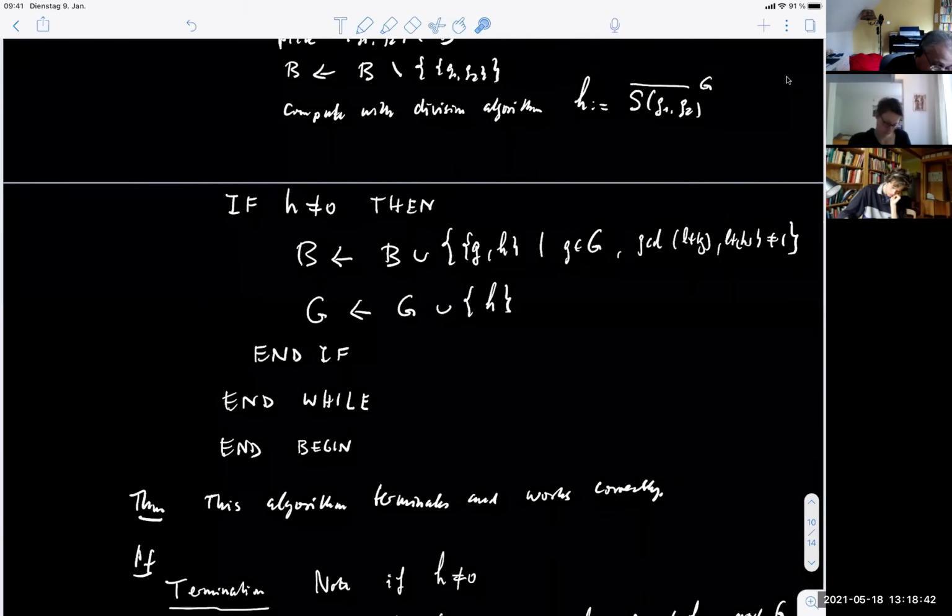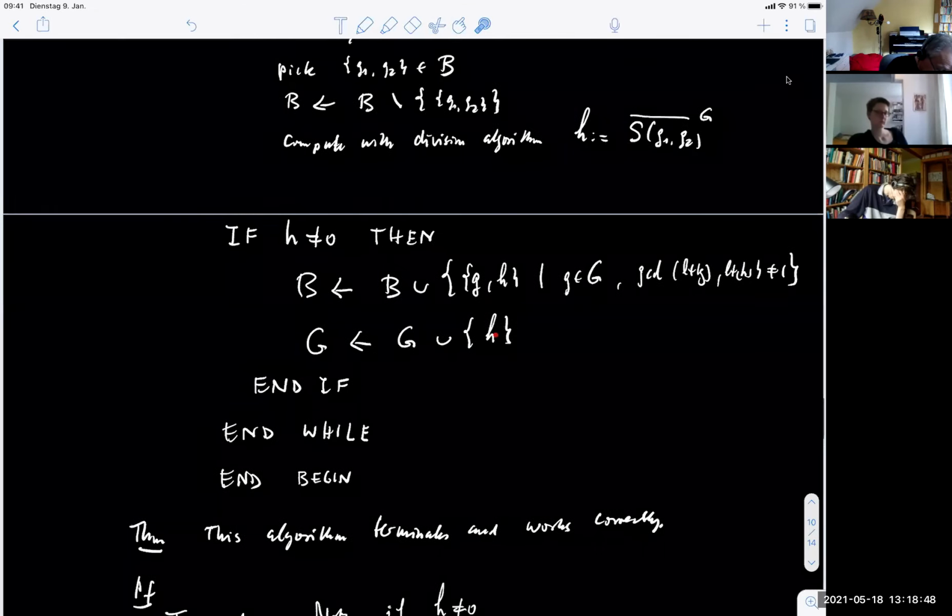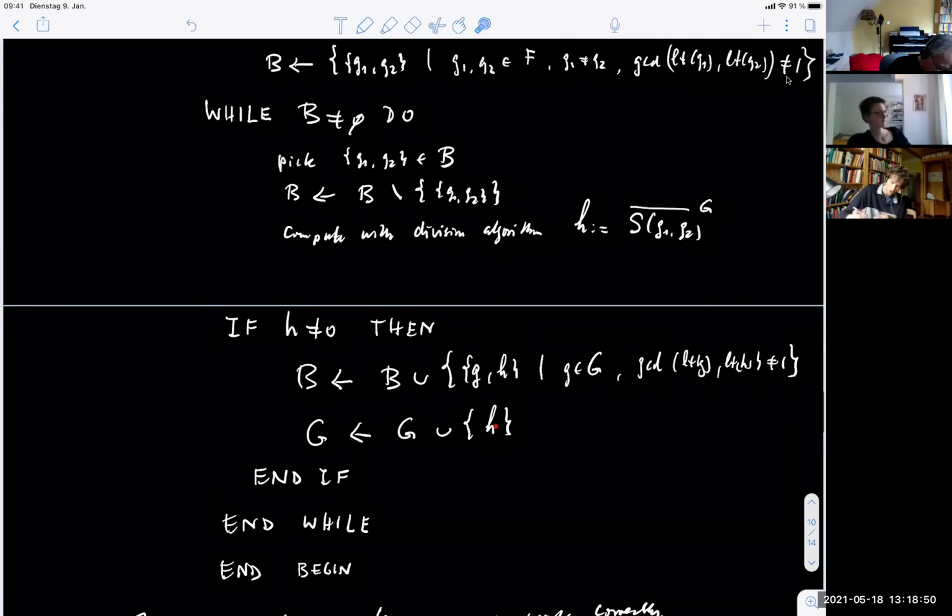But if you are already there where no H will be added, then the B will be unchanged. But here, you see, every time I go on in the while loop, I take out a pair of B. But no more pairs will be added.